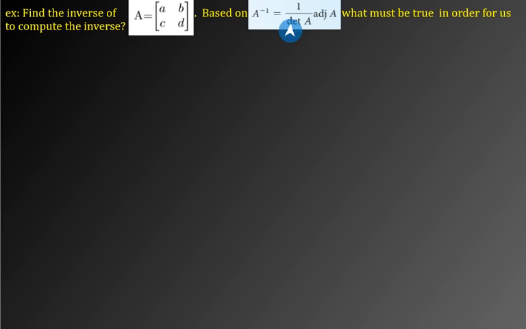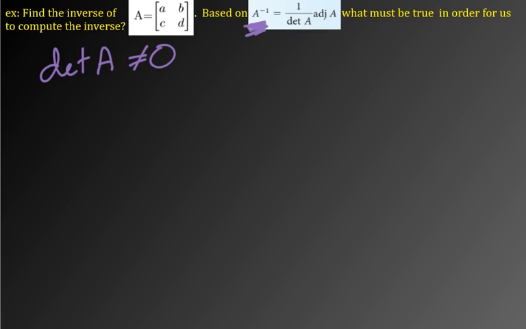The determinant of A being in the denominator means that in order to construct the inverse, we need the determinant of A to not be 0, right? It just makes no sense to do 1 divided by 0, so we need this to not be 0.